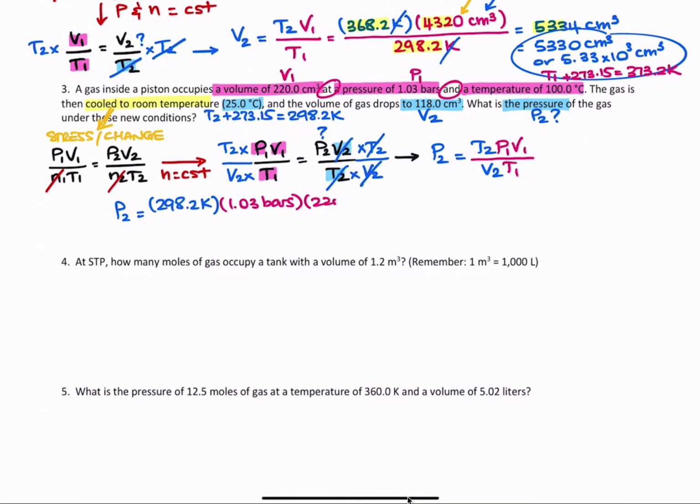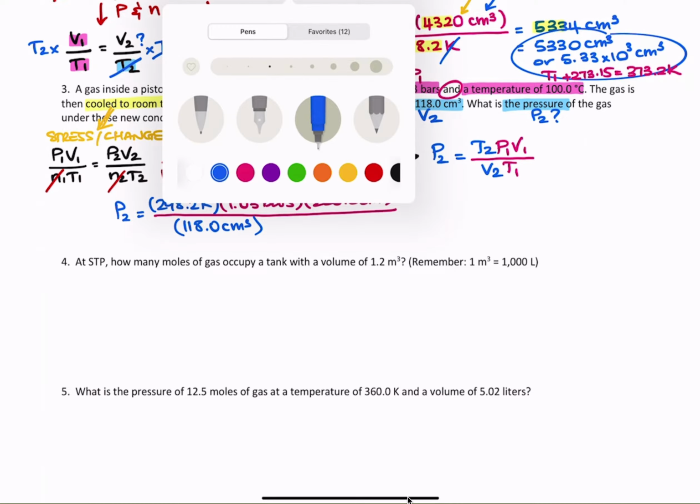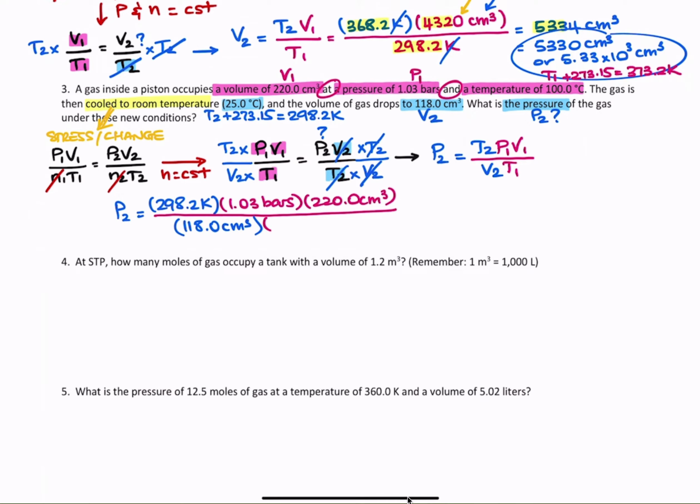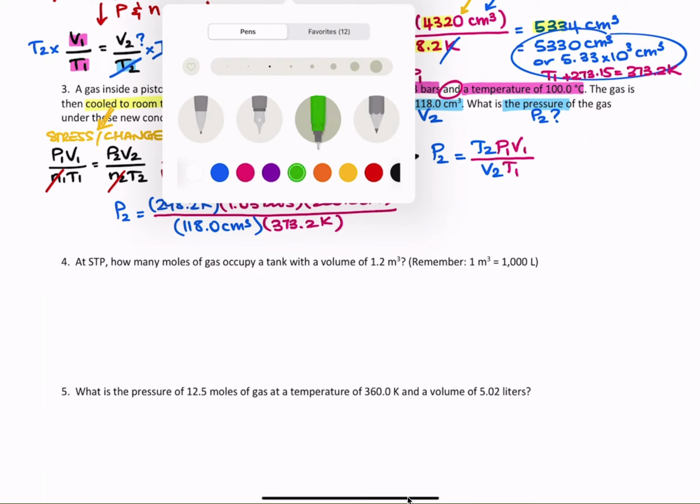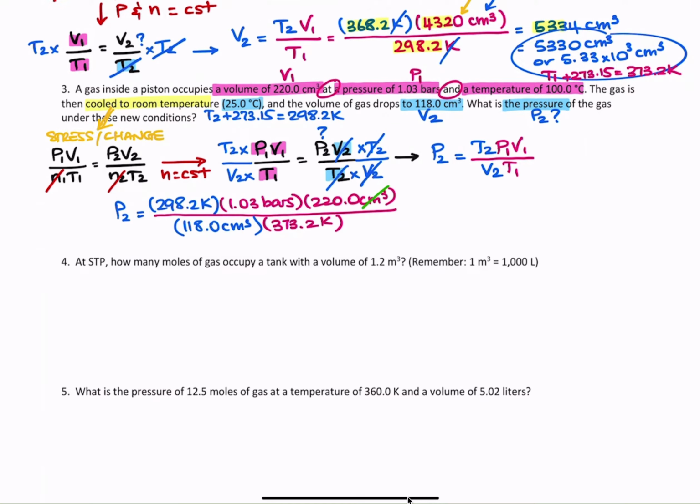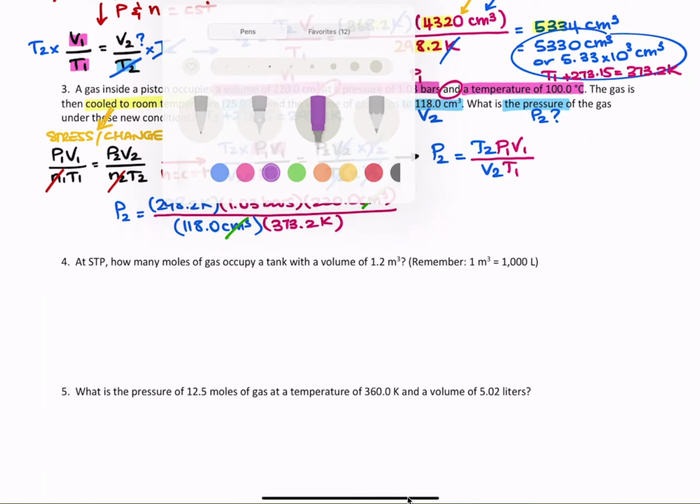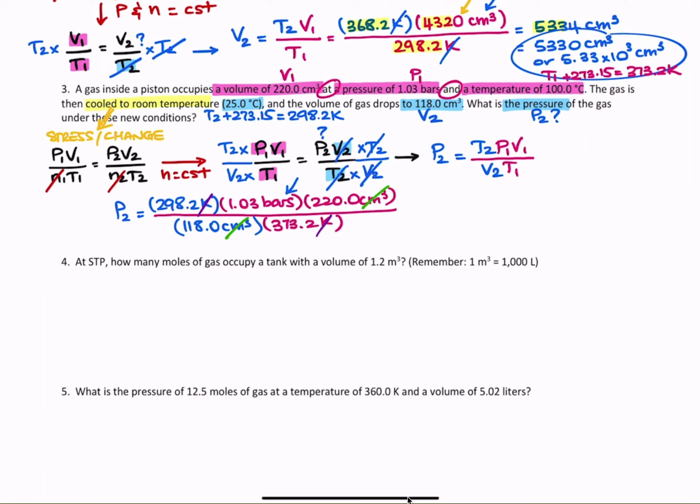V1, 220.0 cubic centimeter, divided by V2, 118.0 cubic centimeter, times T1, 373.2 Kelvin. Check that your units cancel properly, the cubic centimeter with the cubic centimeter, Kelvin with the Kelvin, and I'm left with a unit of pressure, which are the bar.